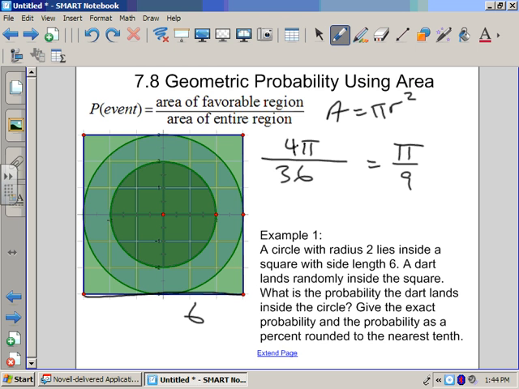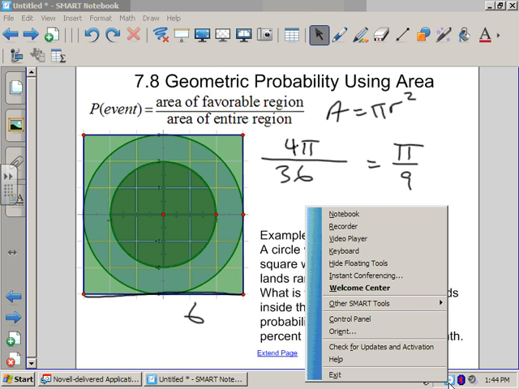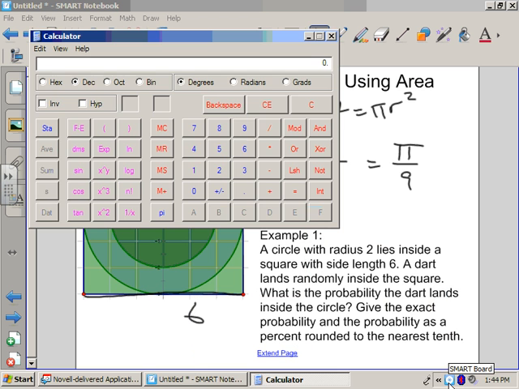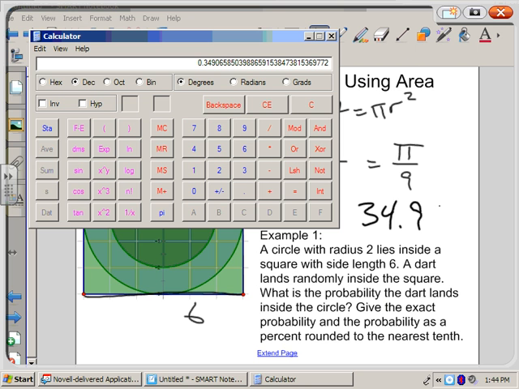Now, it also asked us to give this probability as a percent. Looks like it's a little bit less than half, so a little bit less than 50%. Let's give it a shot. I guess I better get a calculator. I'm just going to do pi divided by 9. Apparently, it's going to be approximately 34.9%.